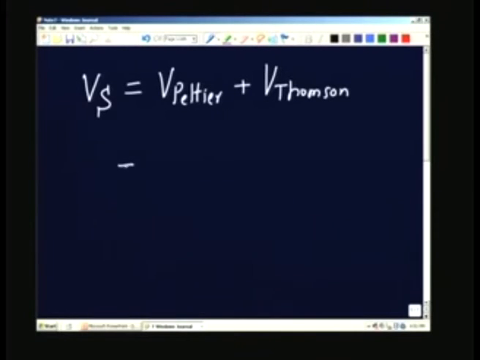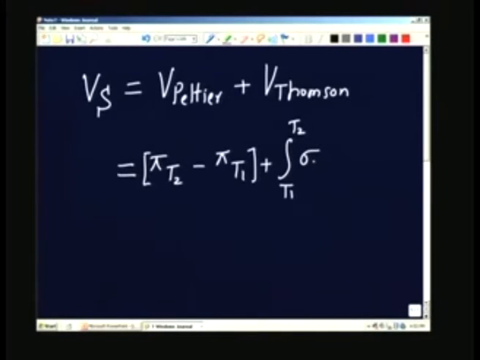And we already have expressions from earlier. So, this will be pi AB; that AB subscript I will not use now because we know what we are talking about. So, I will say Vs equals pi at T2 minus pi at T1, this is the Peltier term, plus the integral from T1 to T2 of sigma A minus sigma B dt. We will call it equation 5.